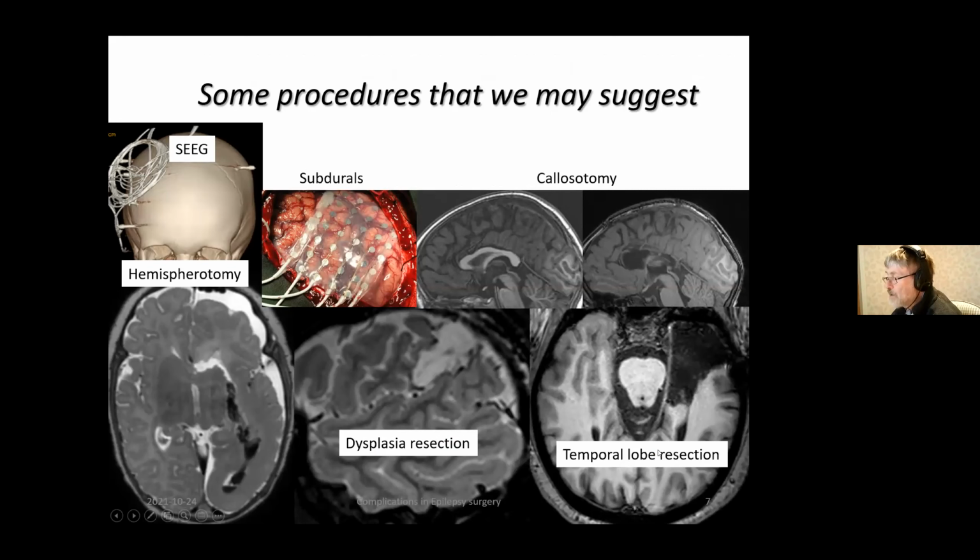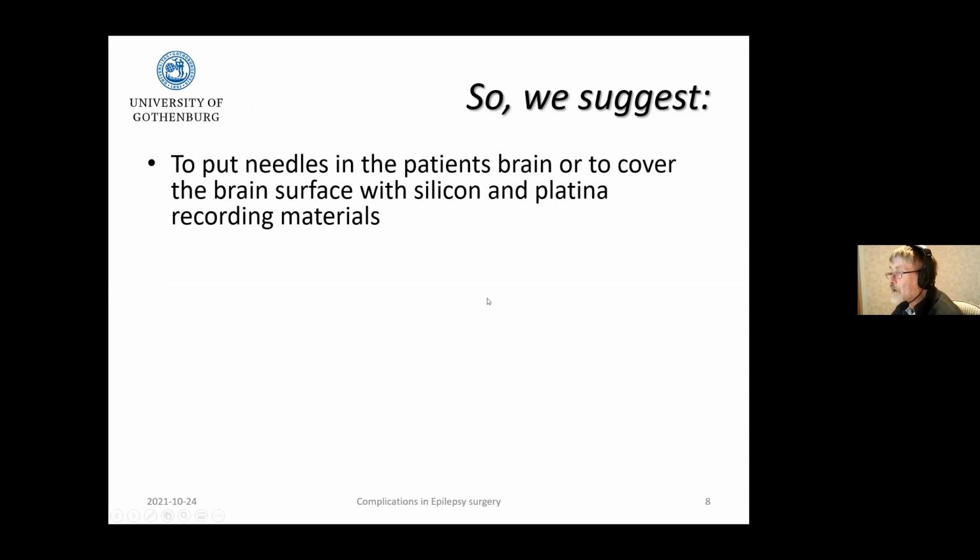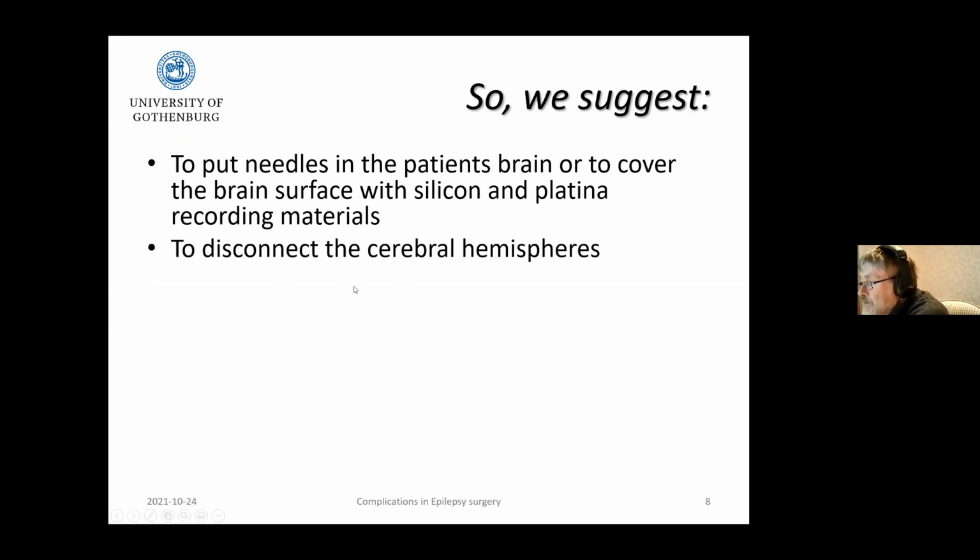And as in all neurosurgical procedures, we have to remember that it is sort of routine for us, but it's the first time for a patient. So if I put it in a little more drastic manner, we actually suggest to put needles in the patient's brain or to cover the brain surface with silicone and platinum recording materials.